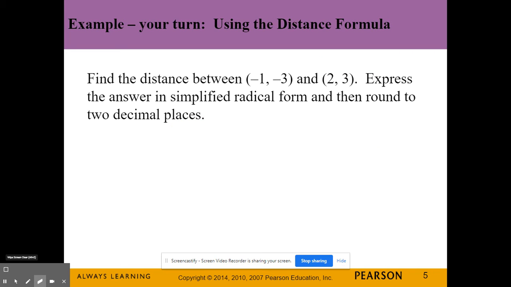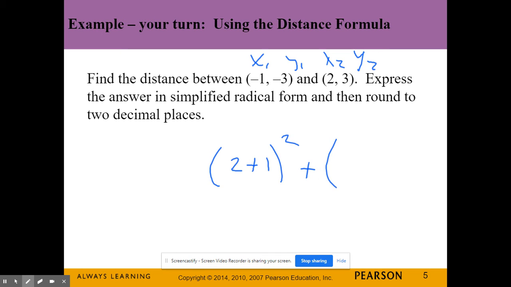So it's the same idea. You can try it first, pause, and then see what you get. See if it matches what I get. And you've got x1, y1, x2, and y2. So you've got 2 minus negative 1, so plus 1.